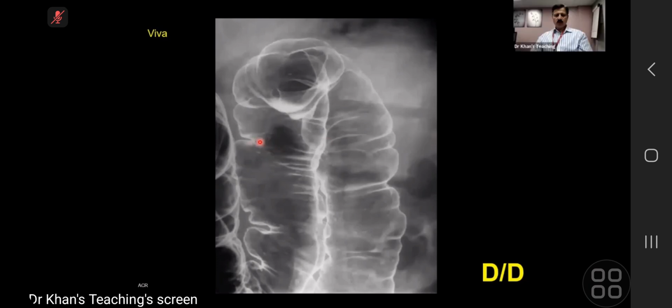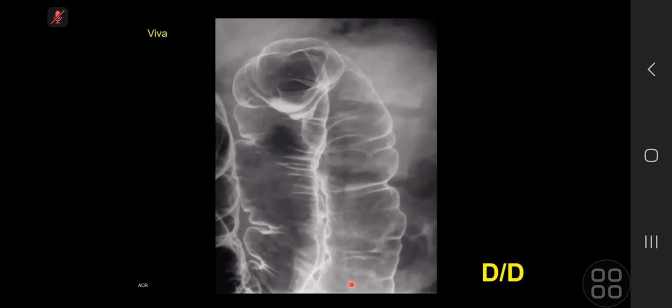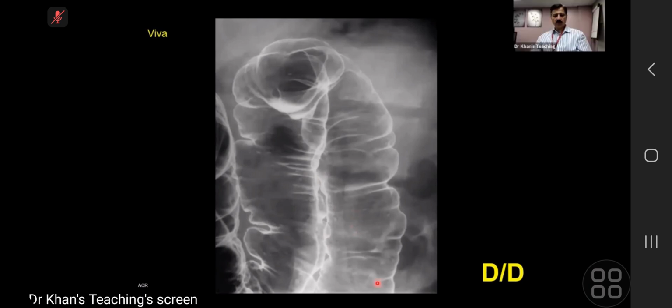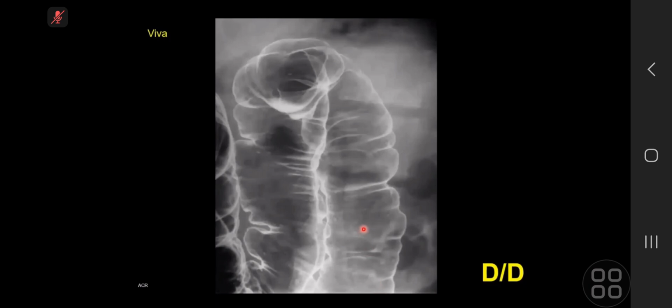Pointing out, sorry, I'm cutting you because of the time factor. So, what do you think is happening? Just describe this abnormality to me. A couple of hyperdense spots adjacent to a bit of radiolucent area. In the background of IBD, this could represent areas of pseudopolyp.